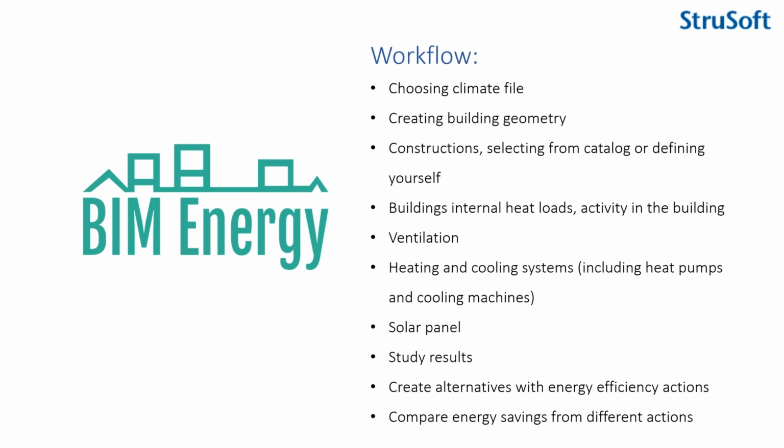You also describe the ventilation and the heating and cooling systems. And after that, you describe if you have a solar panel in the building. These are the input parameters to make the energy calculation. When that is done, you can study the results.